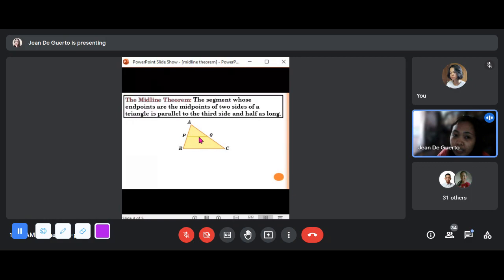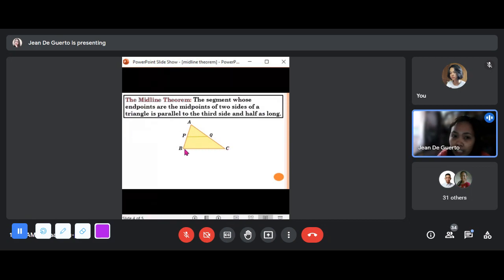That makes your segment BC the third side. So ito yung third side natin, yung segment BC.